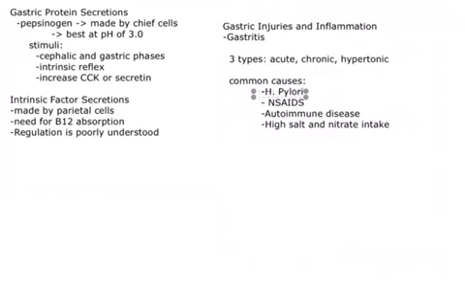Also, you can take antacids, the Rolaids and Pepto-Bismol and Tums. And some doctors can give histamine receptor blockers. They're known as Tagamet or cimetidine. Also, there are proton pump inhibitors known as omeprazole or Prilosec.